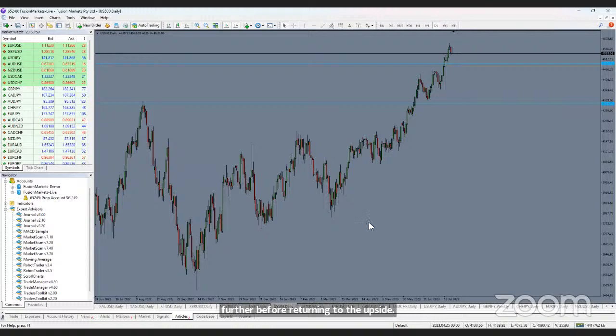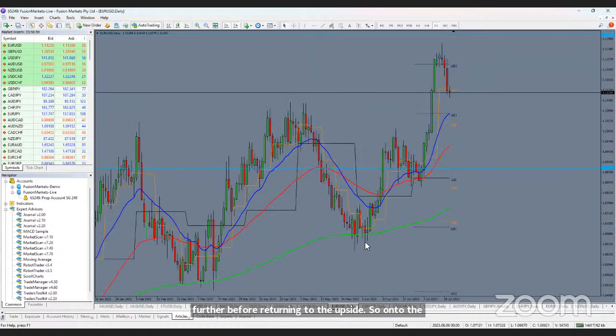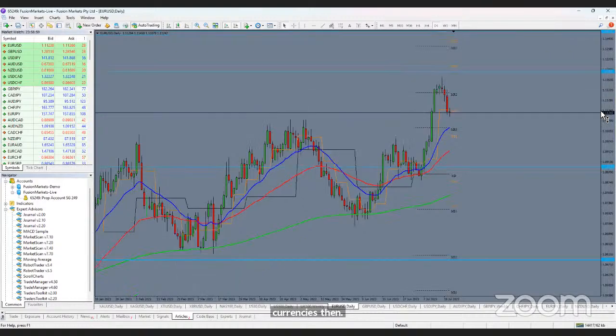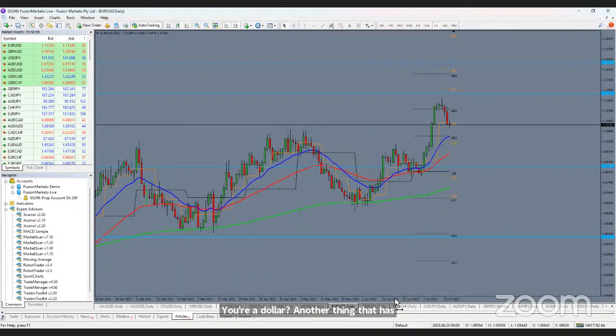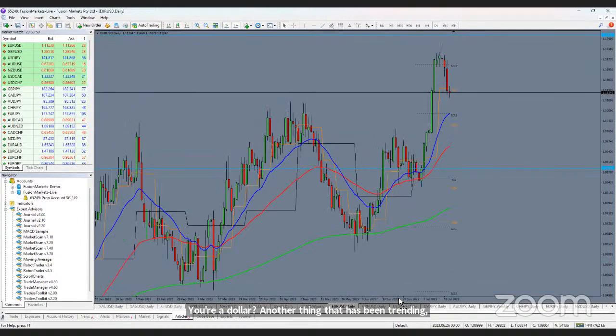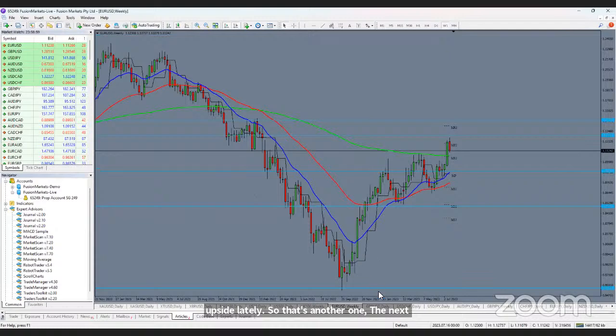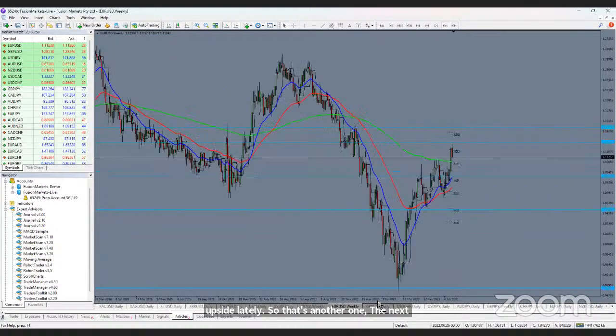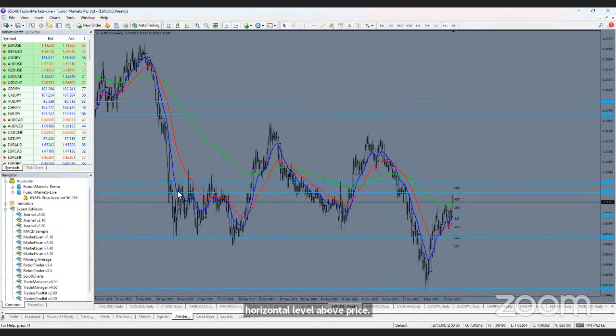So on to the currencies then. Euro dollar, another thing that has been trending nicely to the upside lately. So that's another one on my watch list for long. The next horizontal level above price, which we can see is this minor horizontal level here.